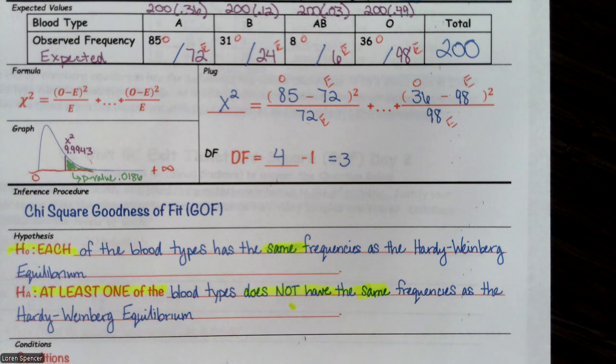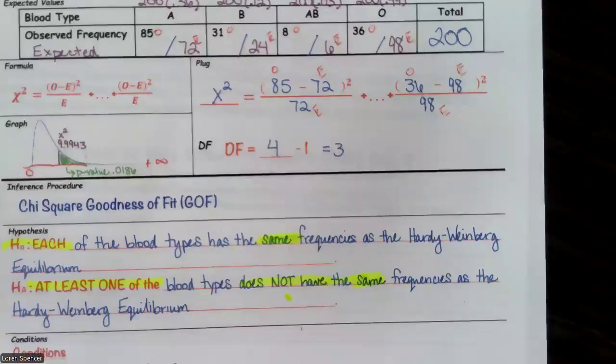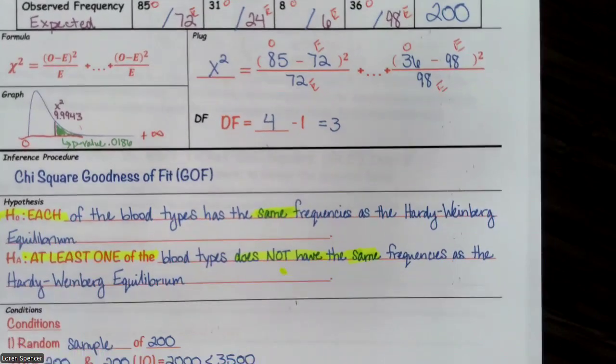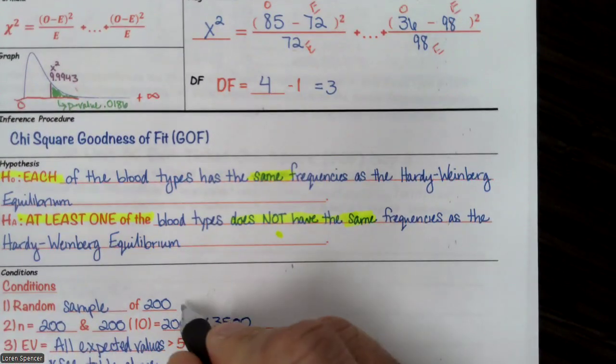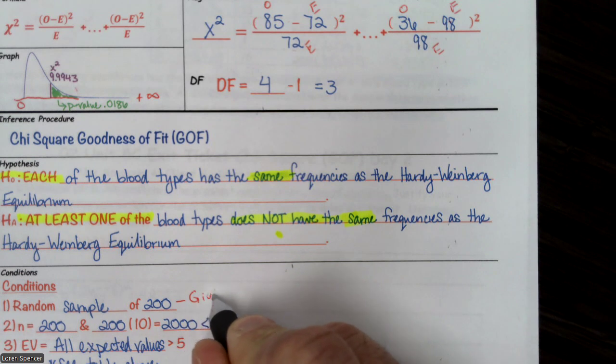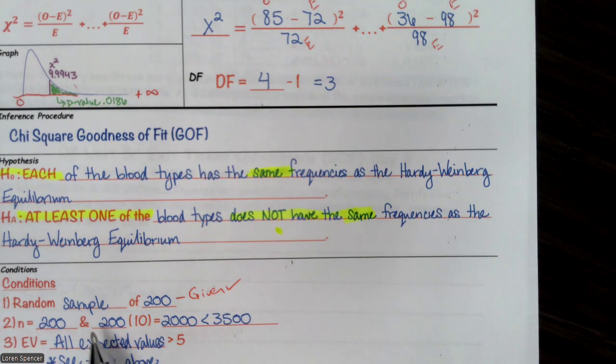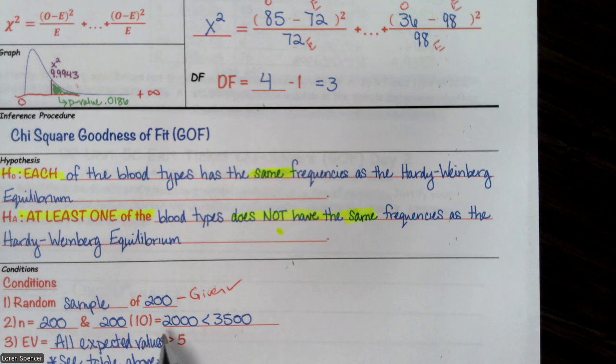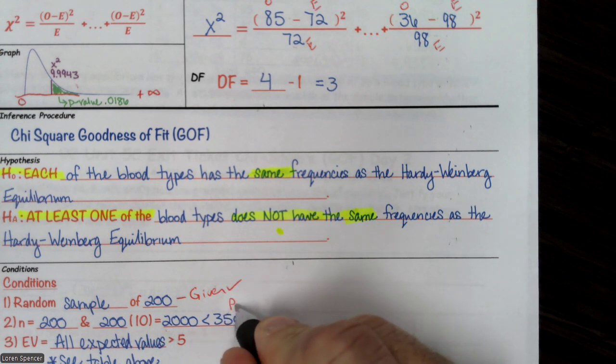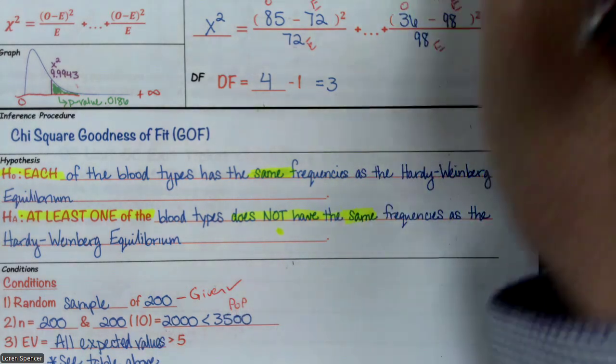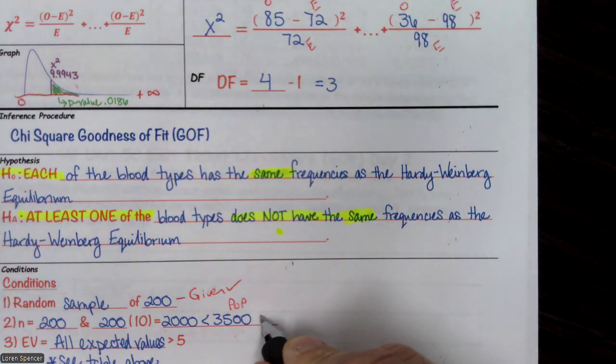All right, conditions. We have 3. Random sample. And they told us up above in the scenario that we had a random sample of 200, and that was given. So we can go ahead and check that off. When we go 200 times 10 is 2,000. That 3,500 was the population, and that was given to us. So that was good. N is less than 10%.